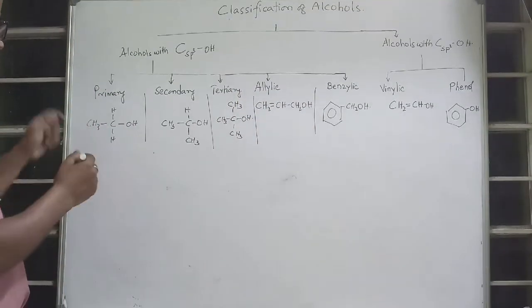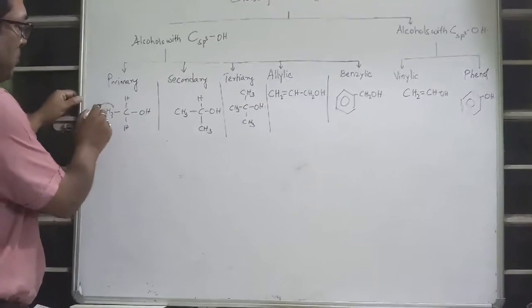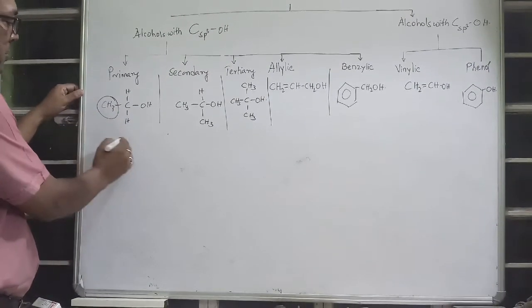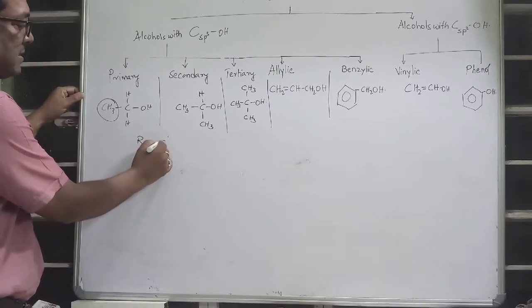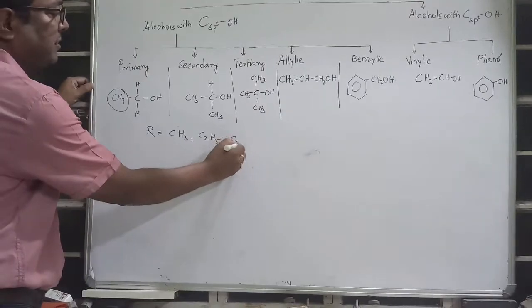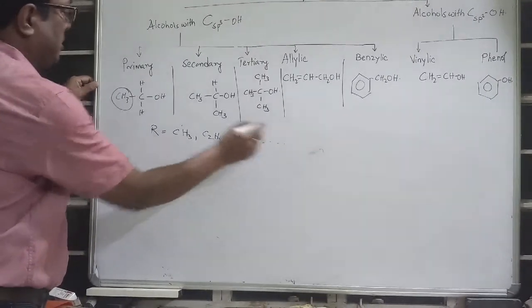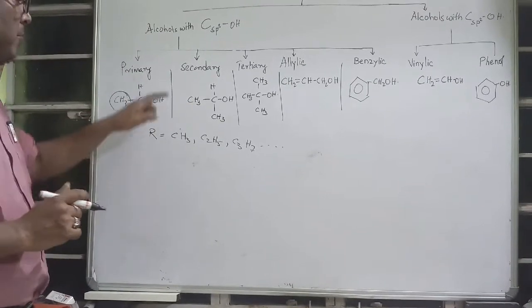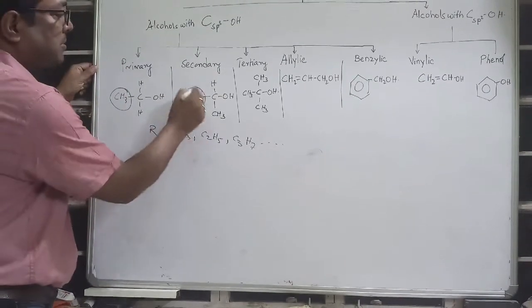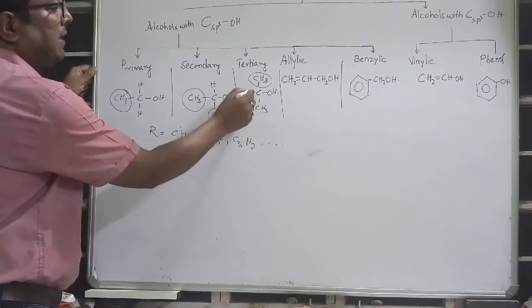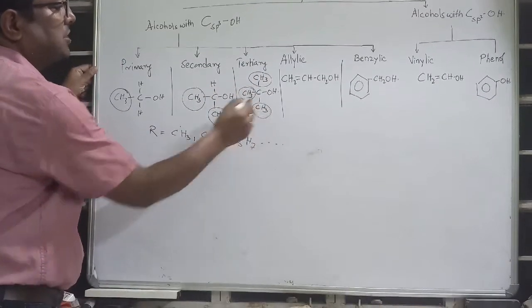So you know students, when there is only one alkyl group, you can take the alkyl group as CH3 or C2H5 or C3H7 and so on. When you have one alkyl group, it is called primary. When you have two alkyl groups, it is called secondary, and when you have three alkyl groups, it is called tertiary.